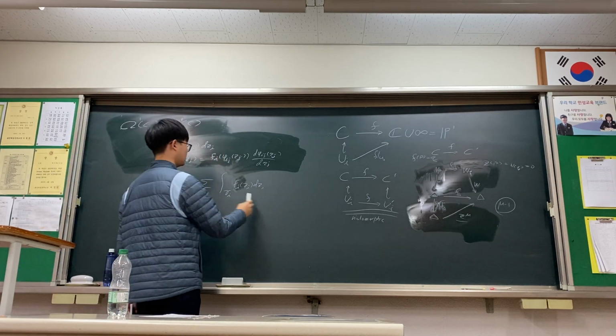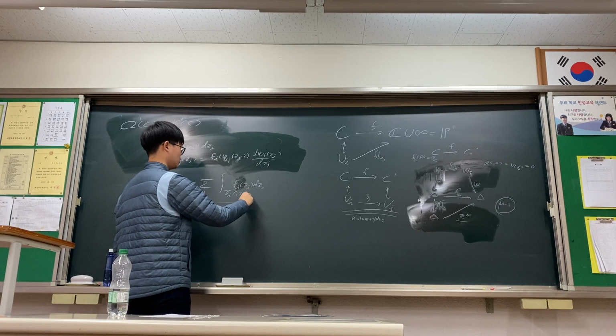You can check this is well defined by intersecting with γj.